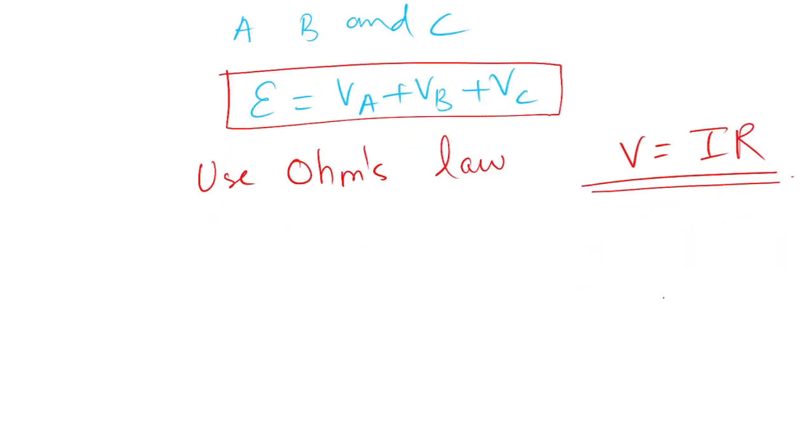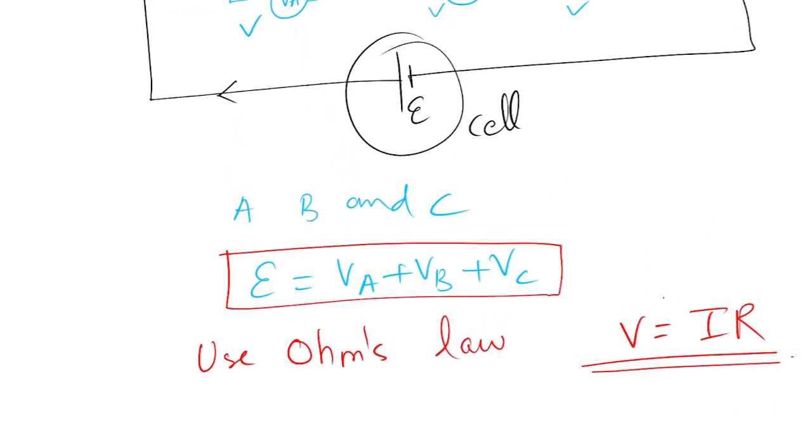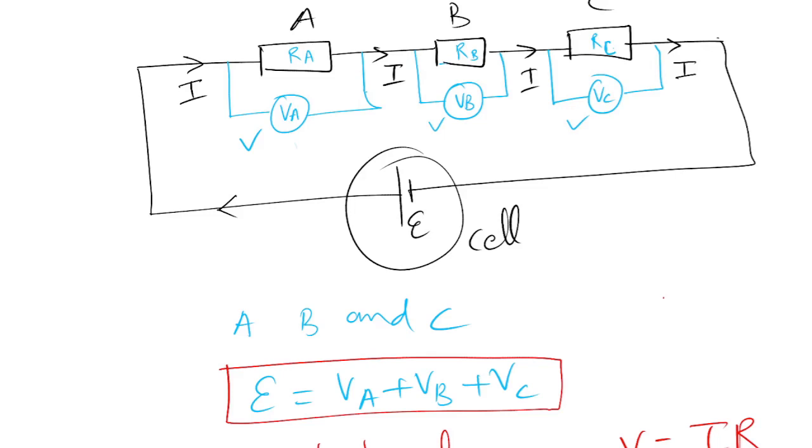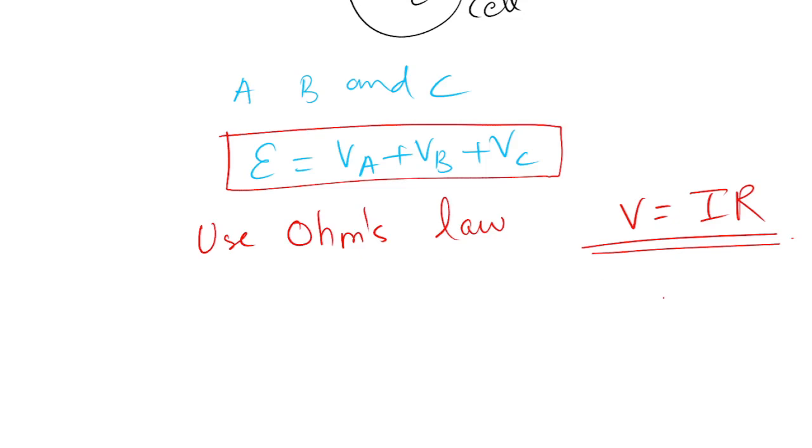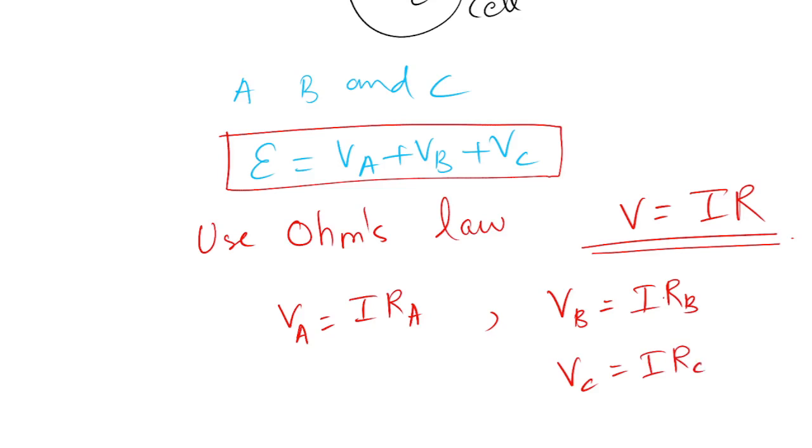Because the current flowing in this resistor is I, here also I, here also I, and each resistor has a resistance RA, RB, RC respectively, I can write VA is equal to IRA. Here VB is equal to IRB. Similarly, VC is equal to IRC.